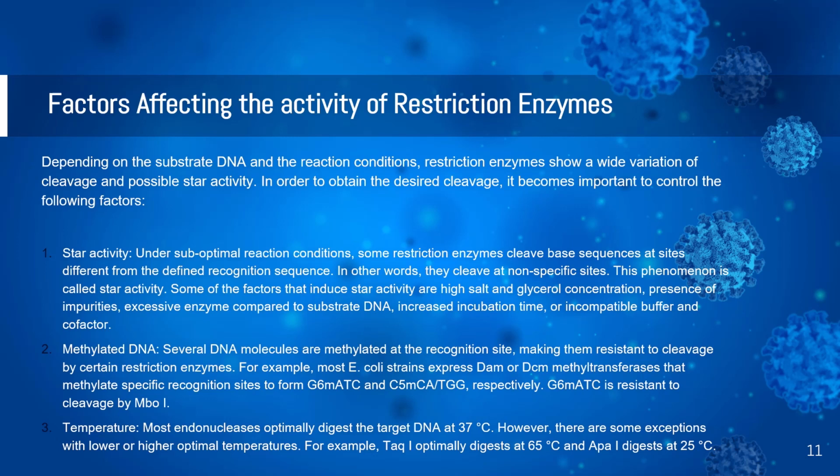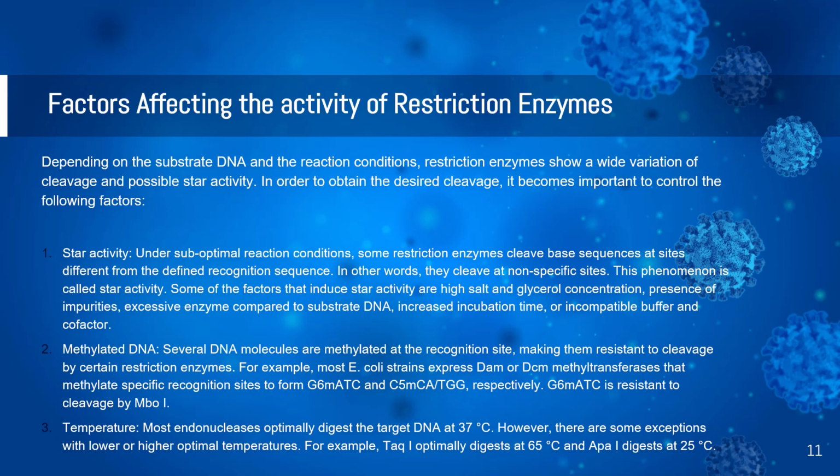The methylated DNA. Several DNA molecules are methylated at the recognition site, making them resistant to cleavage by certain restriction enzymes. For example, most E. coli strains have Dam or Dcm methyltransferases that methylate specific recognition sites, such as G6mATC and C5mCAGG or CCTGG, respectively.